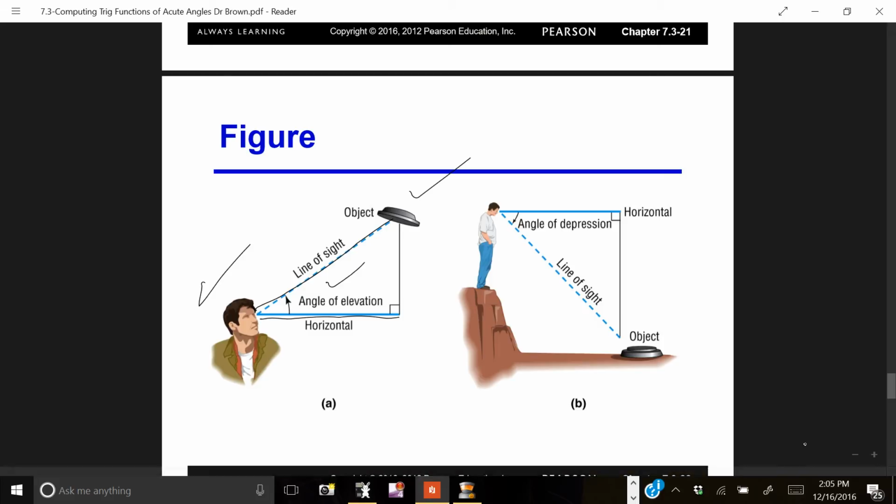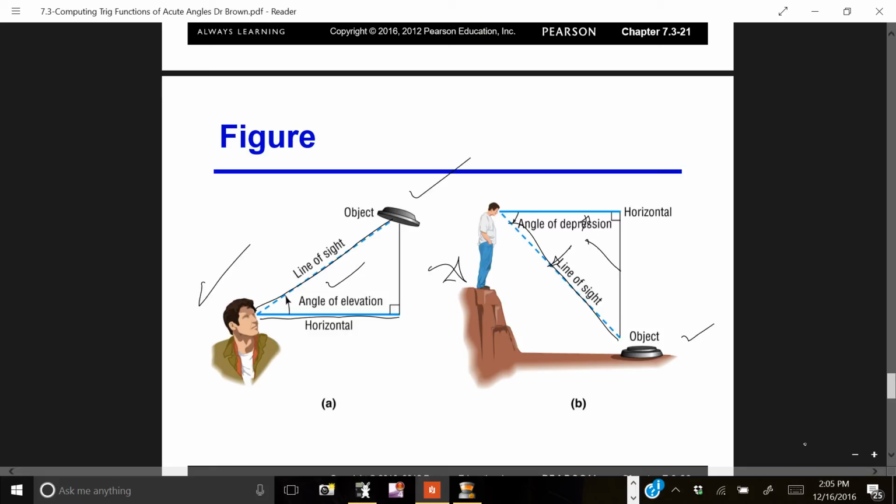On the other hand, suppose you're on a cliff, or top of a canyon, and look at an object on the canyon floor and sight down to the object. The angle between the horizontal and your line of sight is called the angle of depression. So those are just a couple of definitions that you'll need to know to work some of these problems.